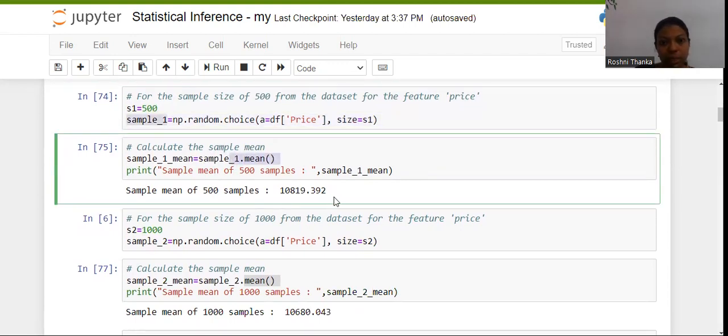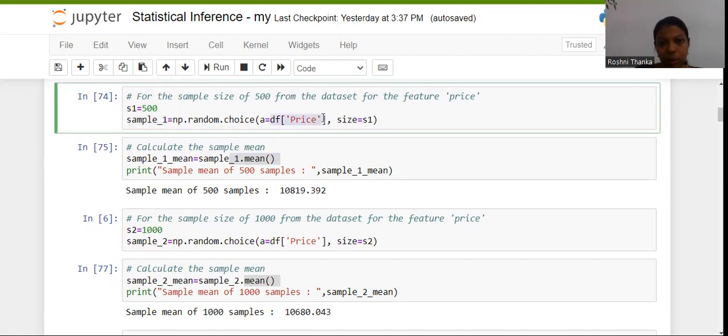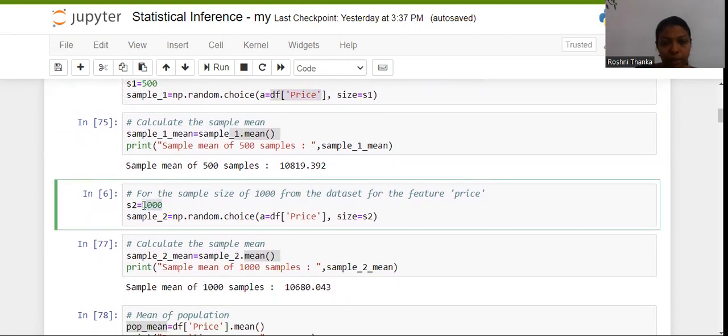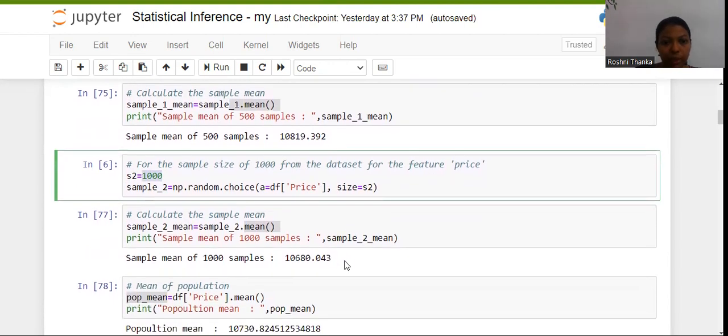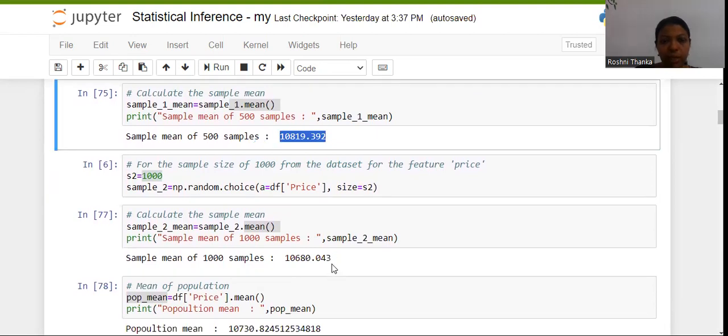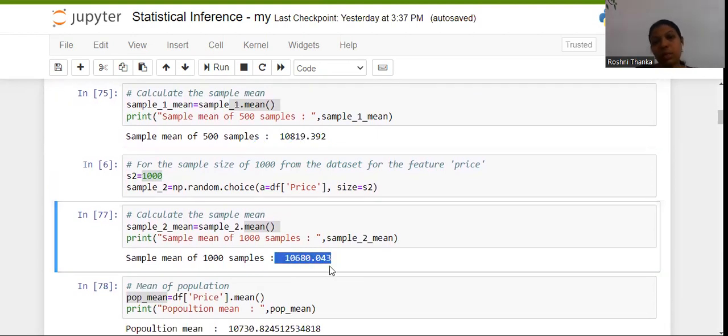Once the mean is ready, we got the value as 10,890. That is the mean of this price column. Similarly, I'm going to take a sample of 1000 and calculate the mean for that as well. So this is the mean for the 500 sample, and this is the mean when 1000 is the sample size.